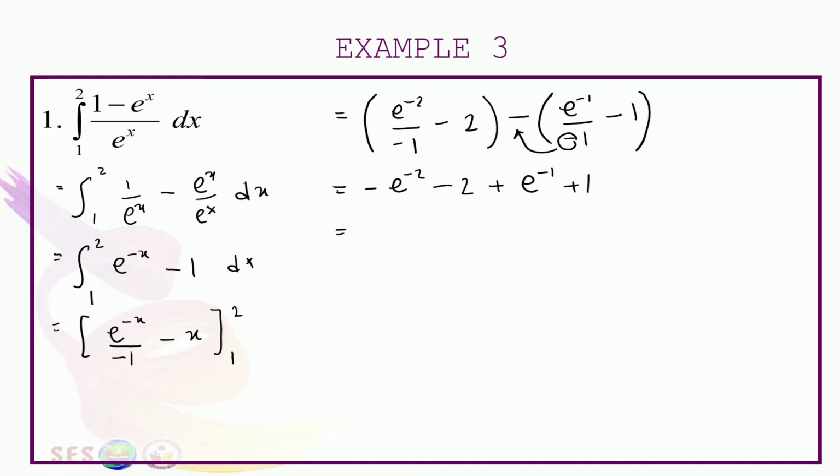So negative 2 and 1, you would have a negative 1. So negative e^(-2) plus e^(-1) minus 1. Or we can bring the exponent to the bottom, so we have 1 over e minus 1. So this would be your final answer.